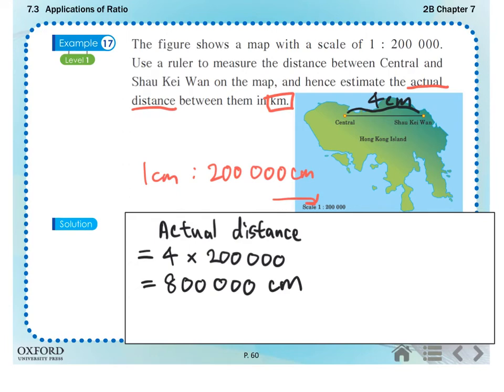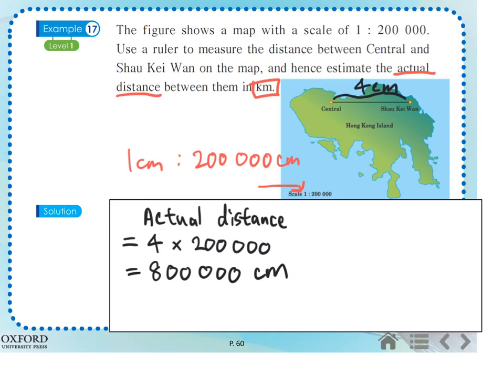And now you have to change the cm to km. So what should we do? 800,000, you have to divide by 100 to get to the meter, and then divide by 1,000 to get to the km.